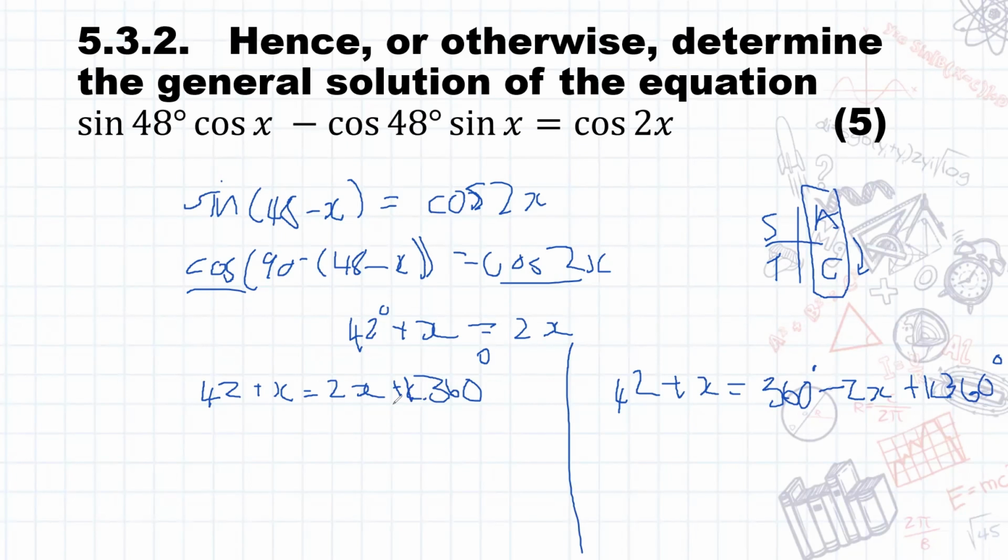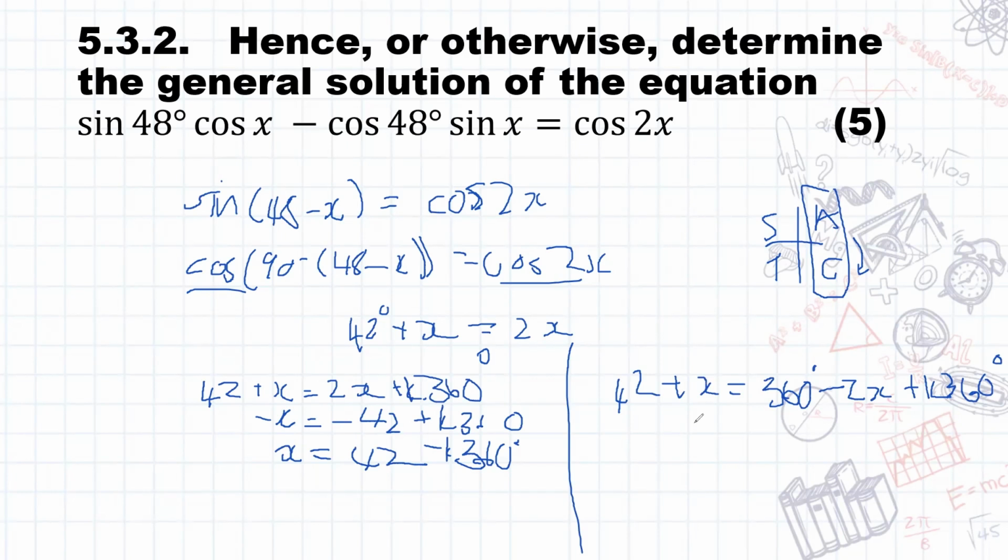And now we're just going to simplify it. Okay, so bring the x to the other side, becomes negative x, because x minus 2x is negative x. And then it will become minus 42 plus k360. And then we divide by a negative or multiply by a negative, whatever makes you happy, so negative x is minus 42 plus k360 becomes x equals 42 minus k360. Okay, so that's the one general solution. And on this side, we'll take the 42 to the other side and bring the 2x this side.